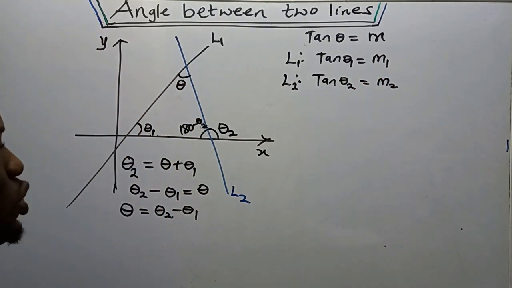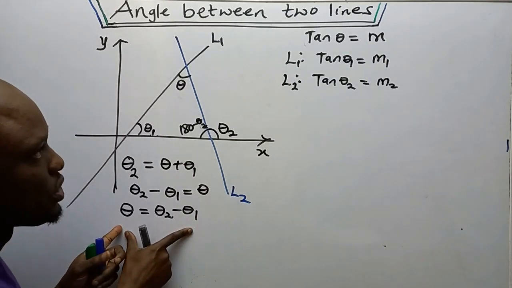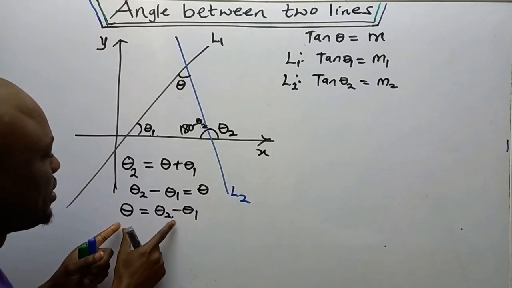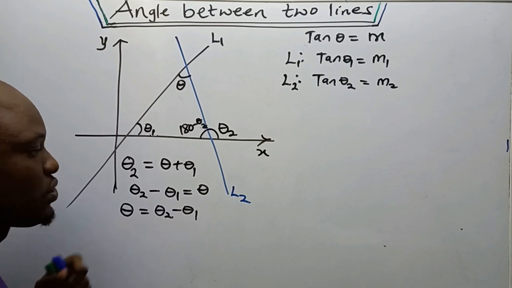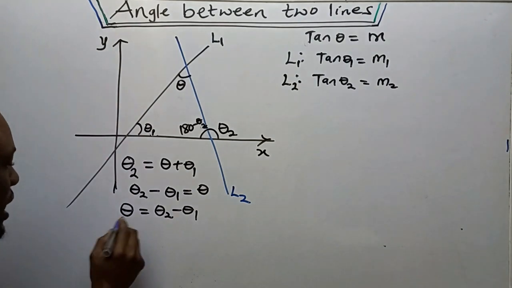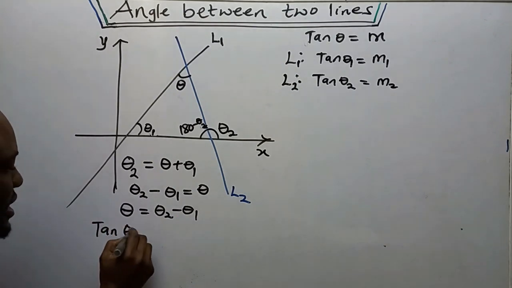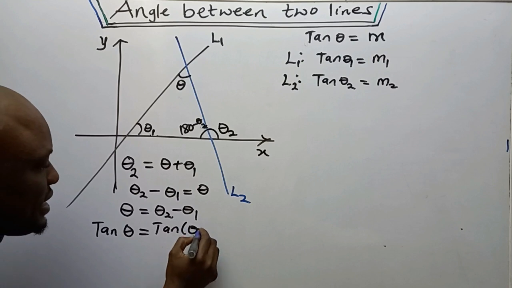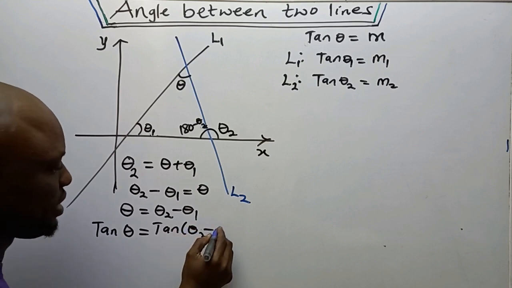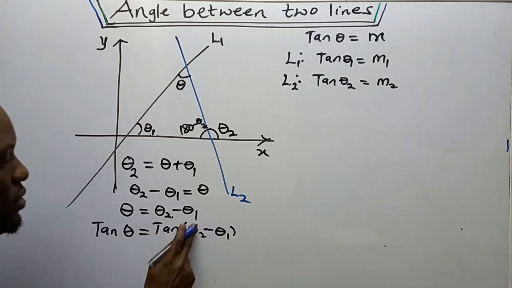Now the next thing I want to do, this is my expression, and I'm going to take the tan of both sides. If I take the tan of both sides, I'm going to get tan theta equals tan of theta sub 2 minus theta sub 1, all right?